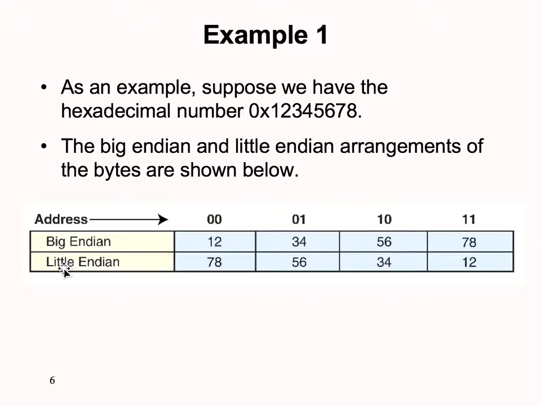On the other hand, with little endian, the least significant byte, 7, 8, is represented at the lowest address, 00, and the second lowest byte, 5, 6, is represented at address 01, and so on.